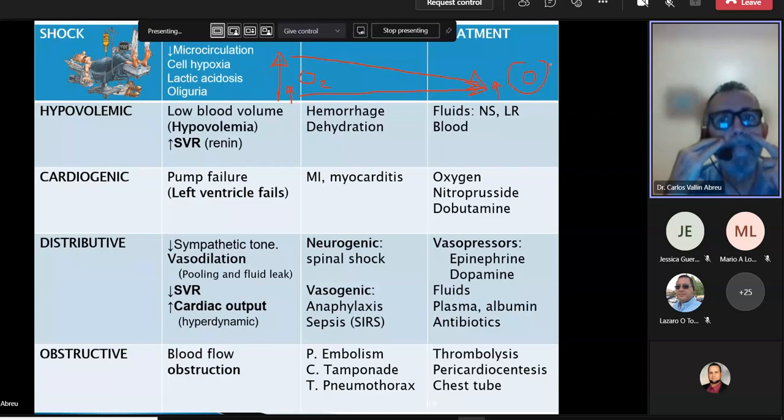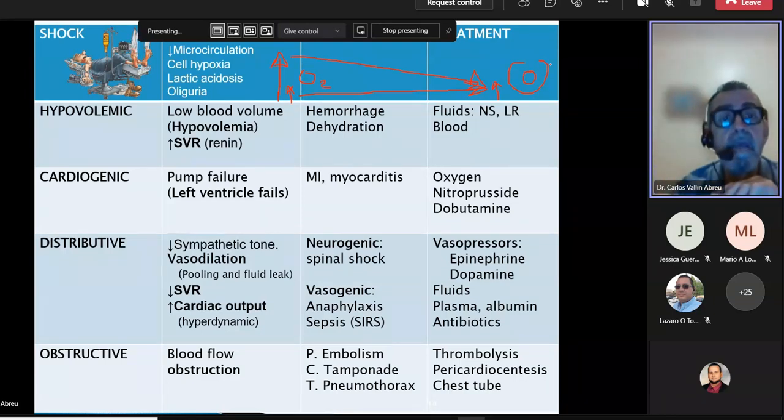This vasoconstriction is more evident in the skin. The skin is going to be pale because the blood is squeezed from the skin by the vasoconstriction, and it's going to be cold and wet. This is the classical pale, cold and clammy skin.